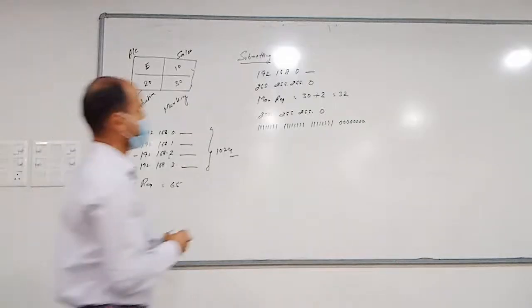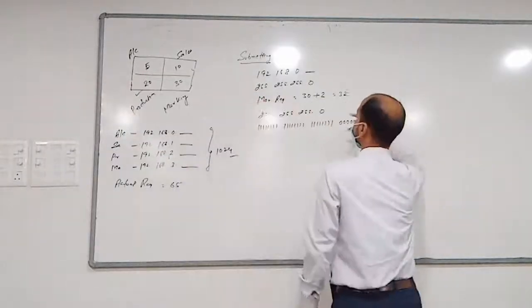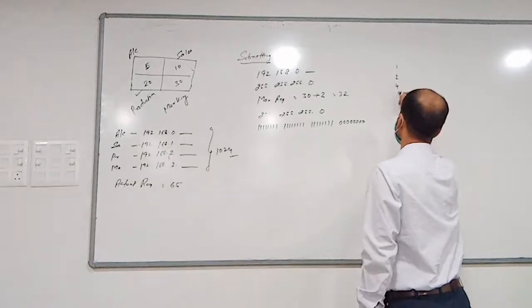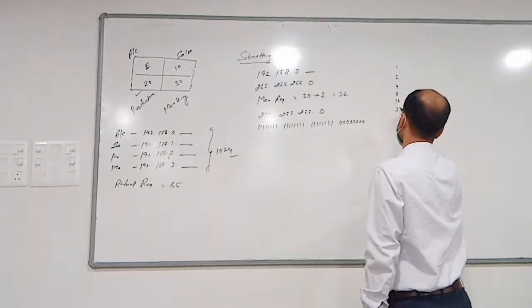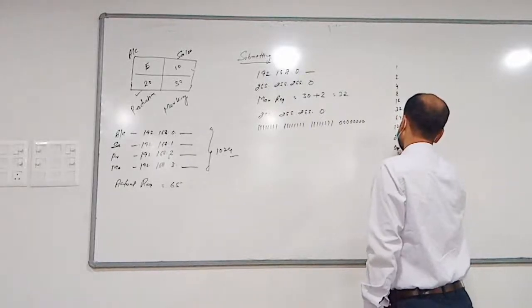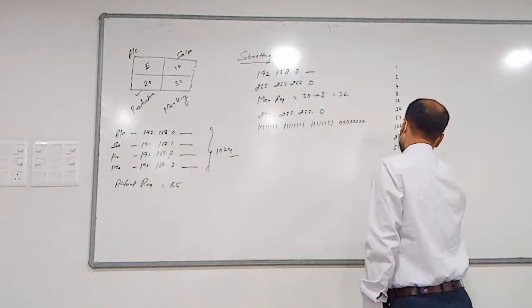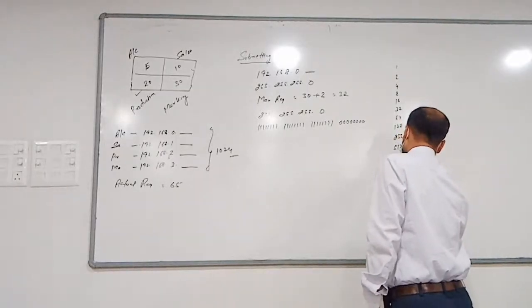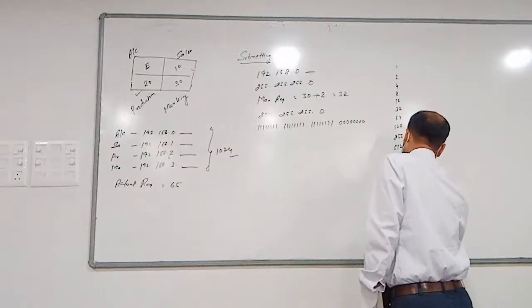Now, look at this table: 1, 2, 4, 8, 16, 32, 64, 128, 256, 512, 1024, 2048, 4096, 8192, and so on.